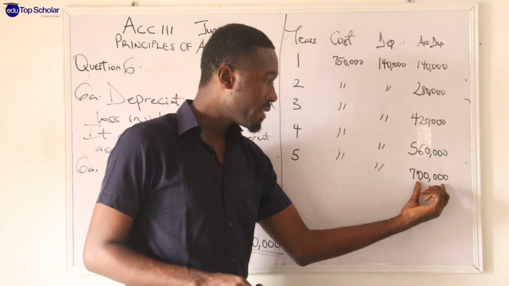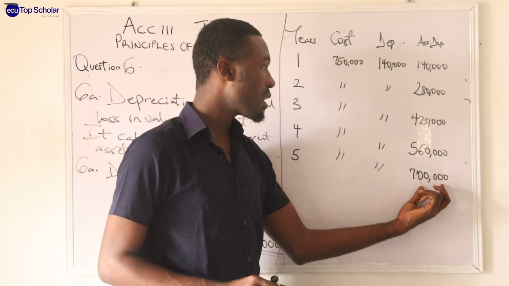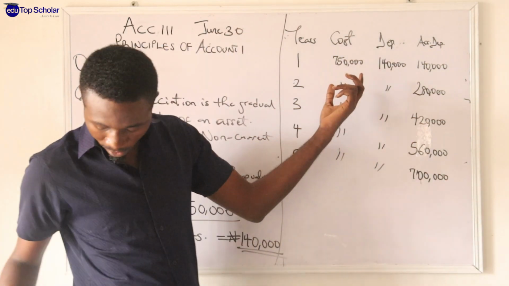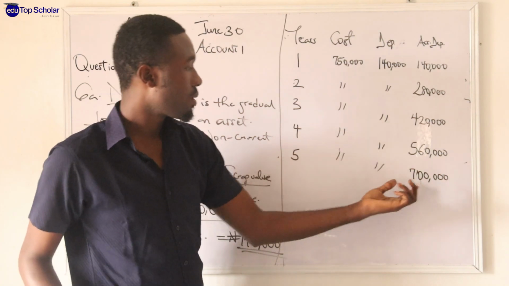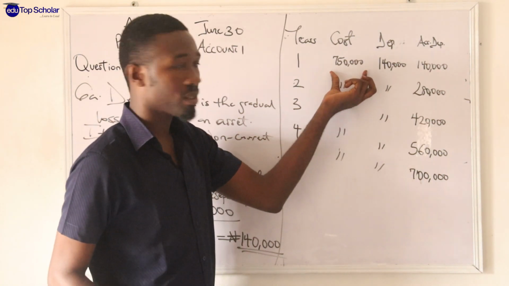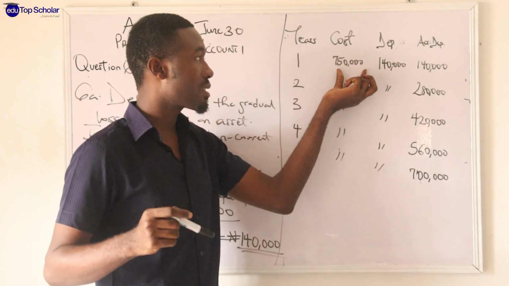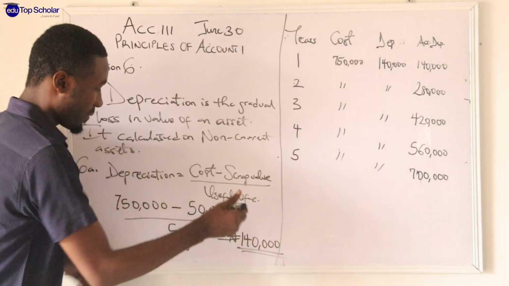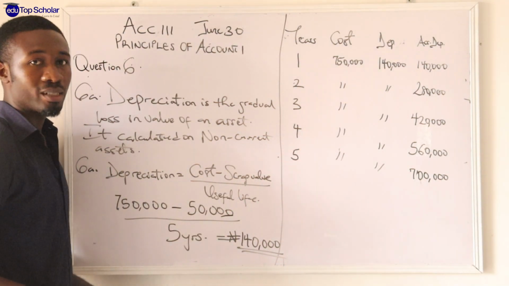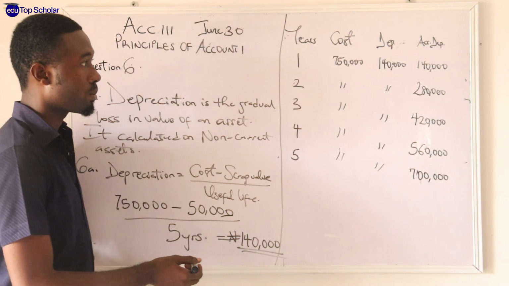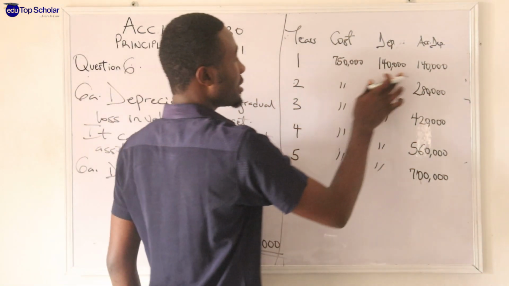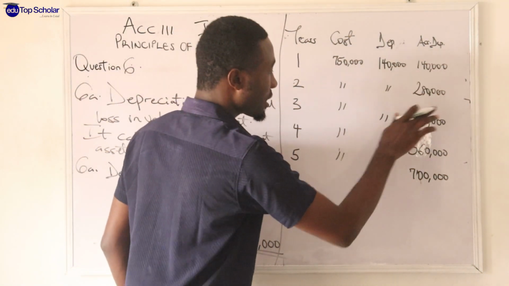You see? So at the 5th year, the depreciation has already matched up with the cost. So the 50,000 naira difference will be what you are going to sell it for, which is the scrap value of 50,000 naira, the residual value. So every year you are reducing it by 140,000.